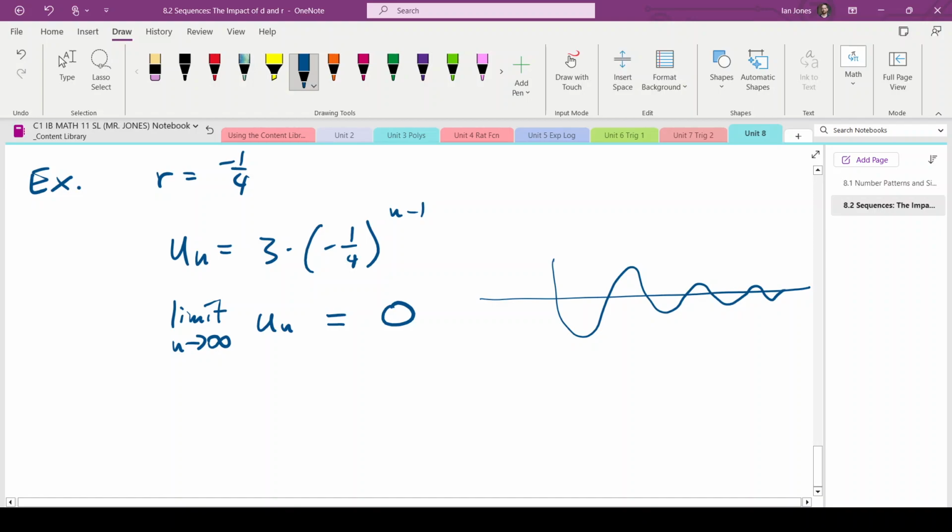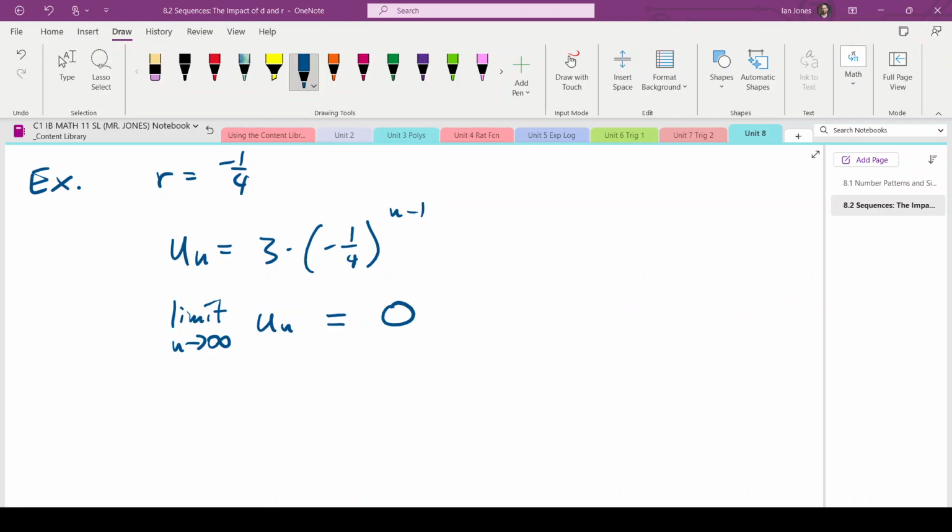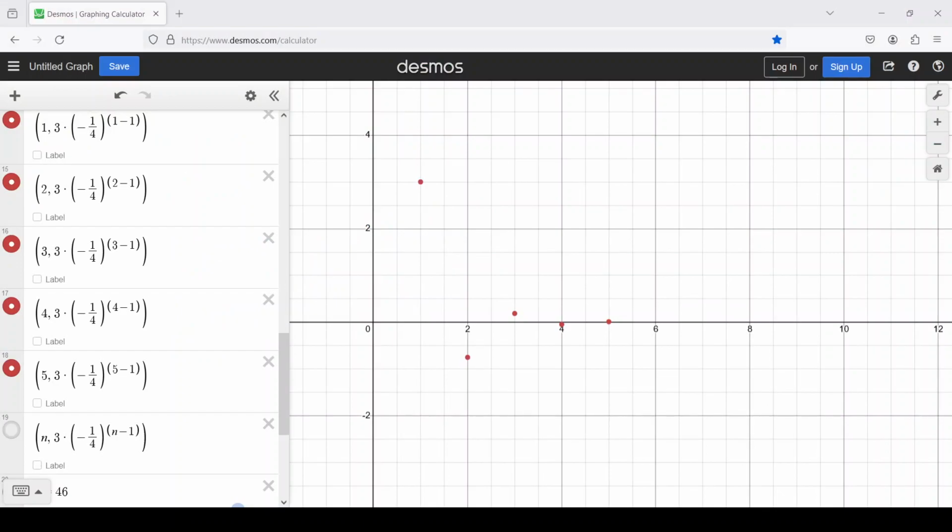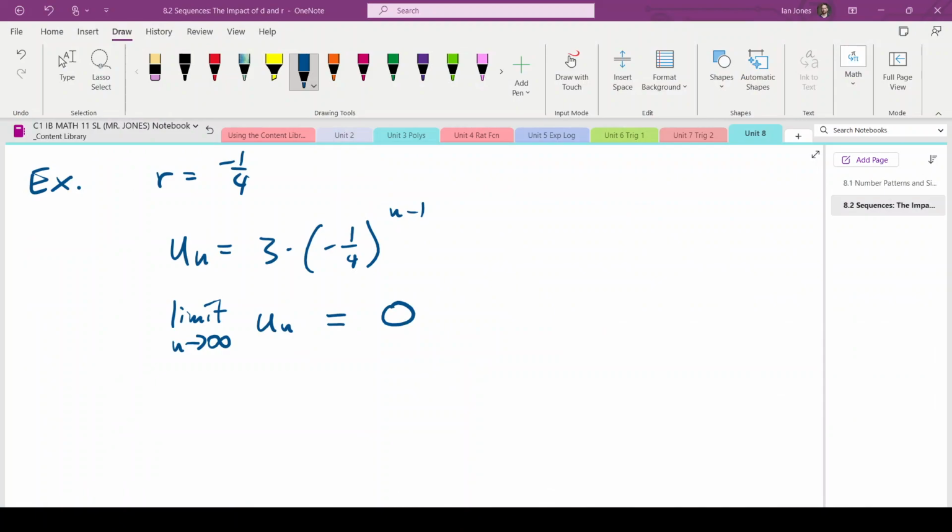You can cross, in fact, infinitely many times and still have that limit. The key is, are you getting closer and closer? Here we're getting closer and closer, and so we have a limit of 0. Because we have a finite limit, we say that this sequence is converging.